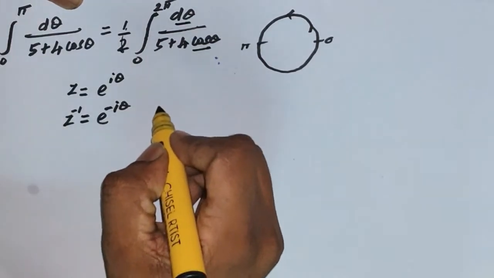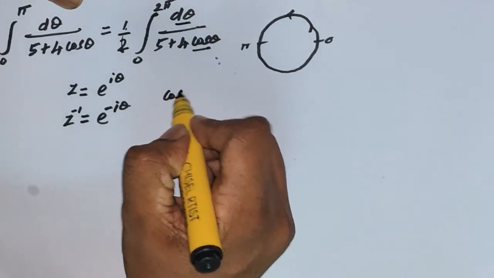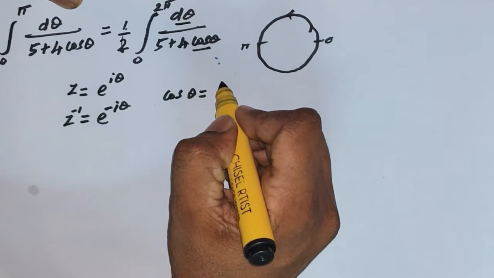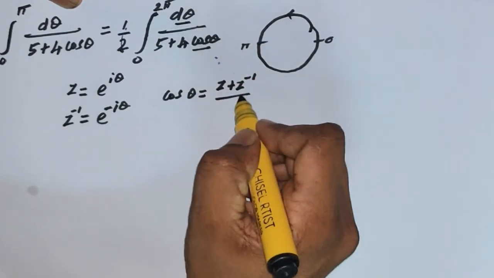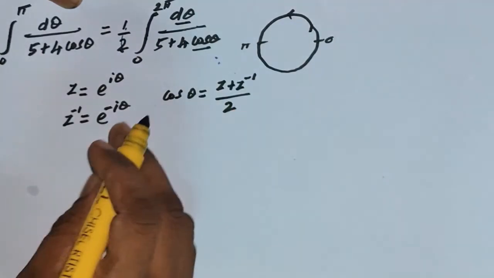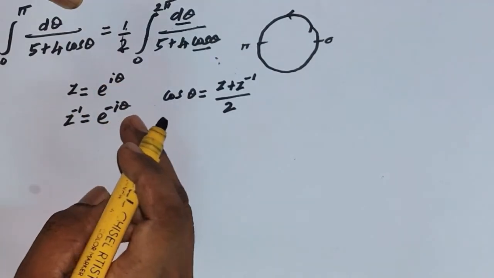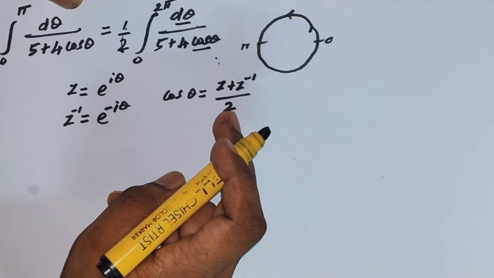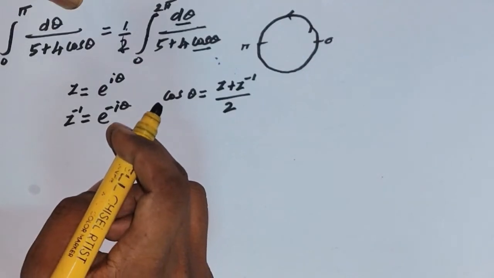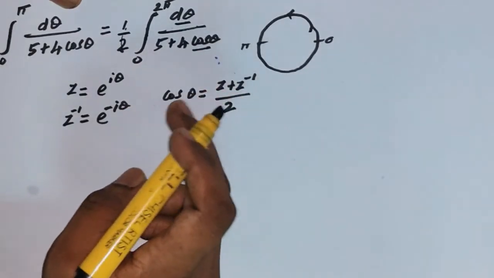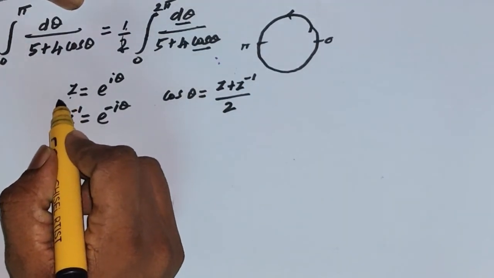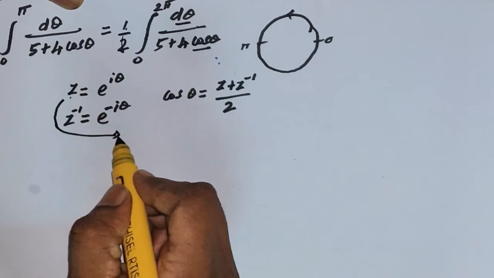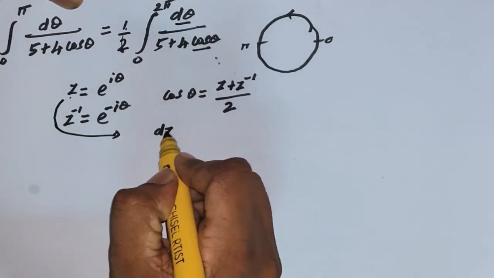The cos theta is equal to z plus z inverse divided by 2, because if you add e power i theta and e power minus i theta and divide by 2, it gives cos theta. The d theta we need to find. So take z and differentiate with respect to theta.